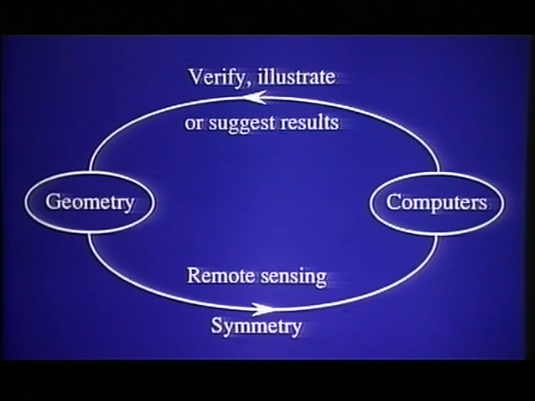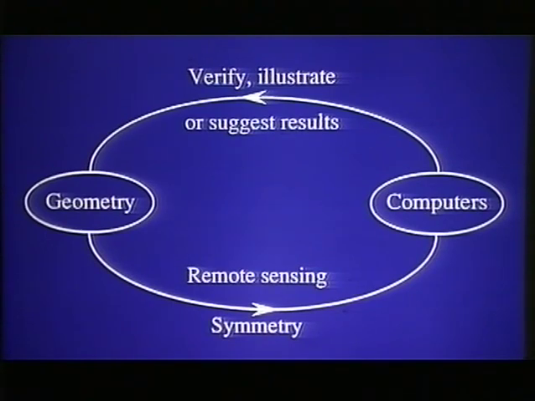On the other hand, there is also an interaction the other way, because geometry, particularly modern differential geometry and singularity theory as developed over the past 20 years or so, is able to give us great detail and to explore in detail the relationship between the surfaces of solid objects and what we actually see of these objects, which is a two-dimensional representation either on the retina of the eye or on the film of a camera or on a television screen. So there is an interaction the other way from geometry to computers.